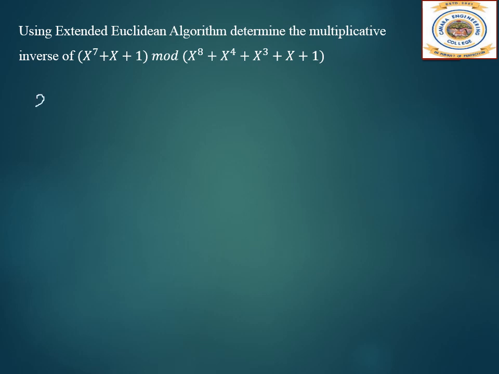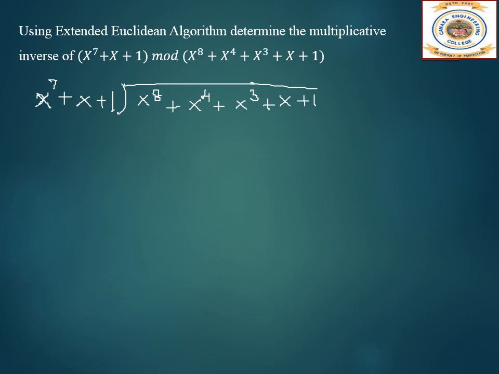Let me write the polynomials here. The divisor is x to the power 7 plus x plus 1, and the dividend is x to the power 8 plus x to the power 4 plus x cube plus x plus 1.